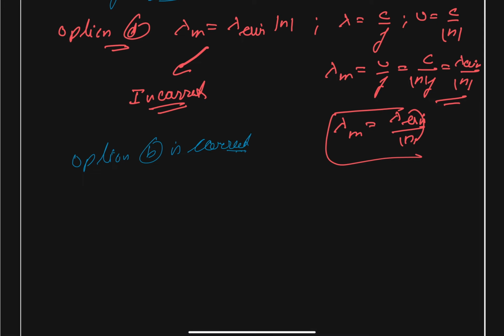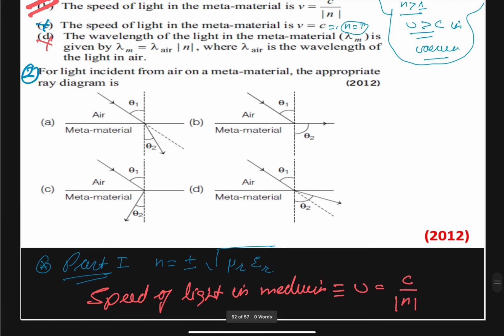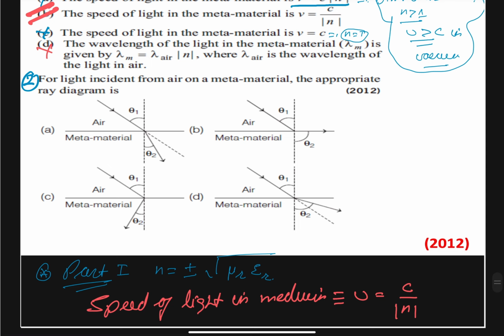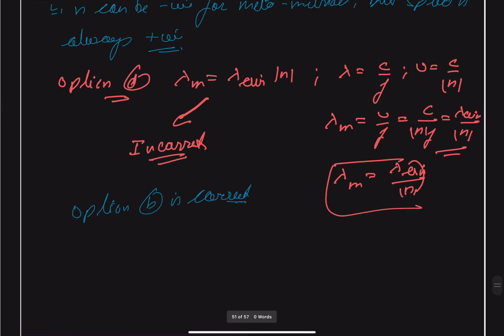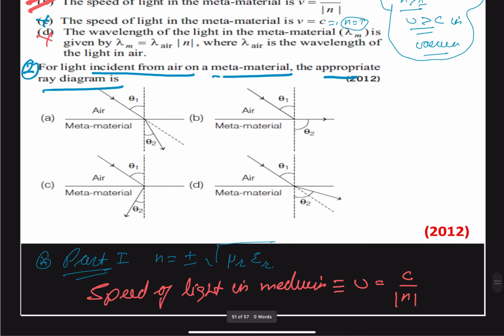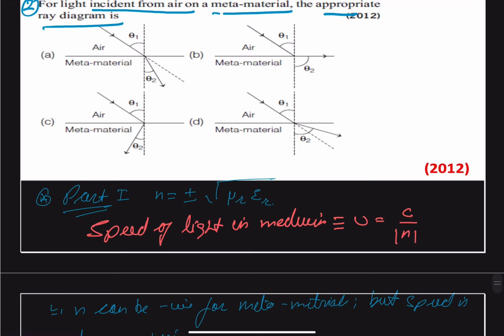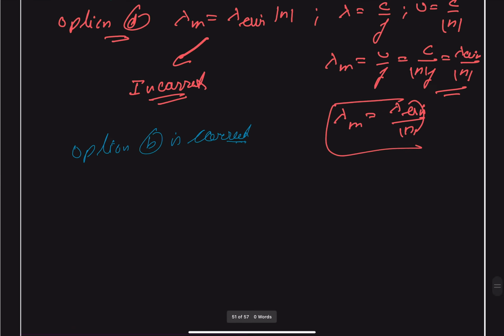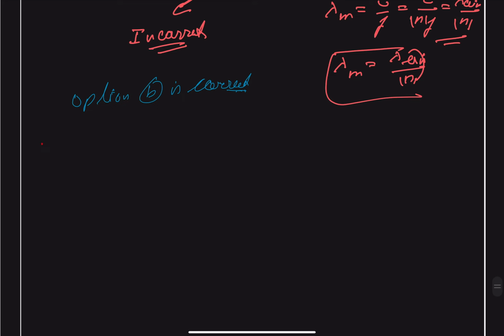And now we come to the graphical option. It states that for the light incident from air on a metamaterial, the appropriate ray diagram is. For the ray diagram, this can be easily explained with the help of Snell's law. Keep in mind that all 4 options are with respect to the metamaterial.